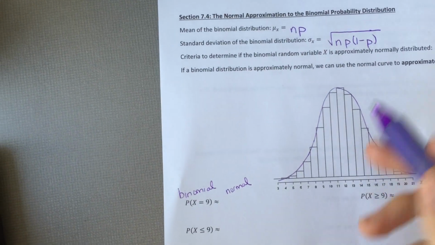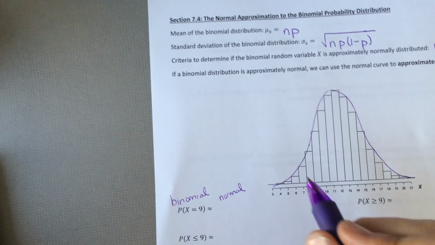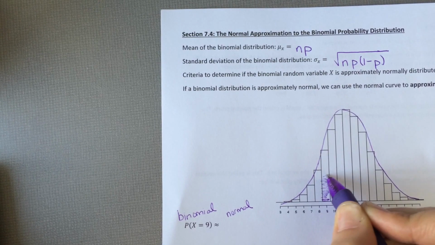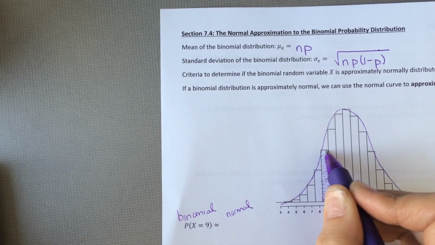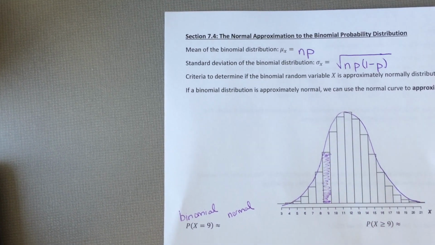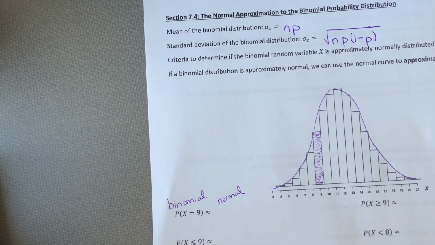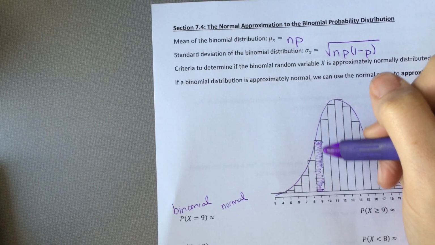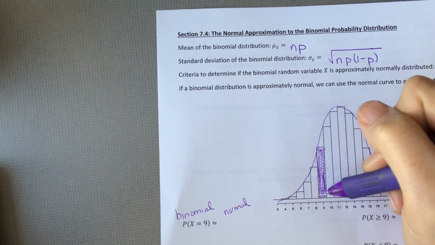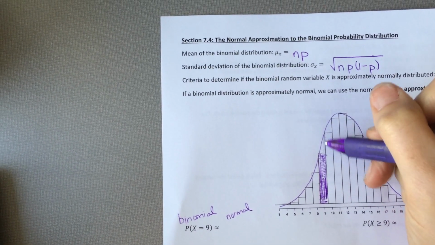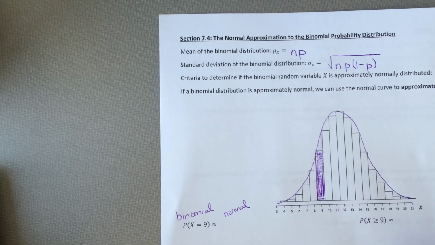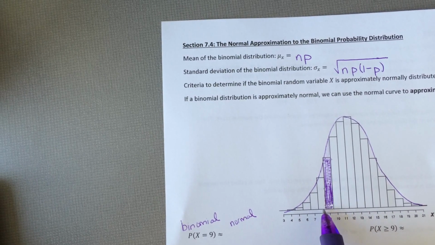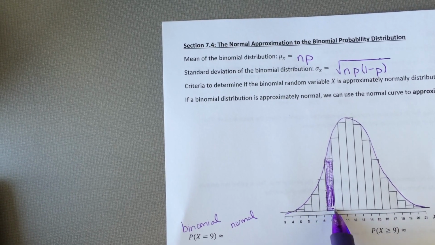So let's look at x is equal to 9. Now we know probability is area, so we would be looking at the area of this rectangle. If we wanted to approximate this area using the normal curve, we would look at the area under the normal curve from this point to this point, so this interval 8.5 to 9.5.